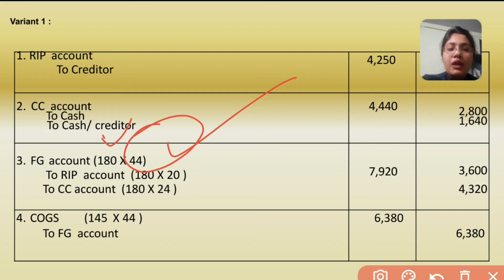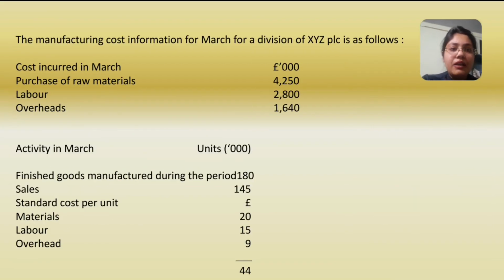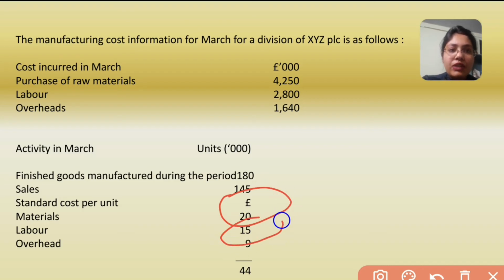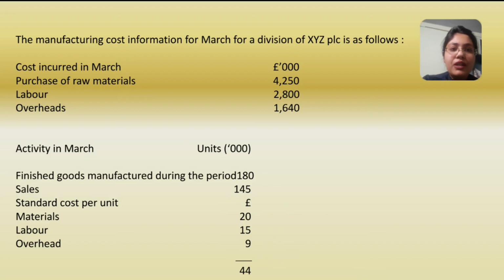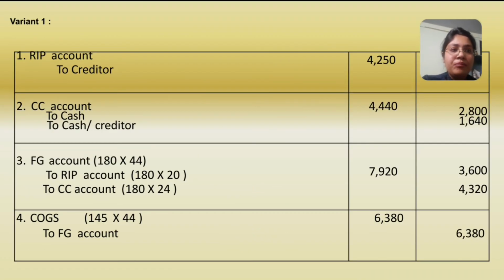RIP, that is raw in process. 180 into material. See, material, what is the standard cost for material? 20. 20 is the material cost, and labor cost is 15, and then overhead cost is 9, right? So what have we done? We have credited both the conversion and the raw in process, right?